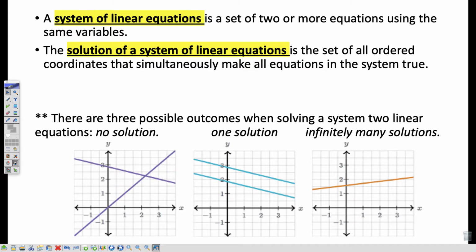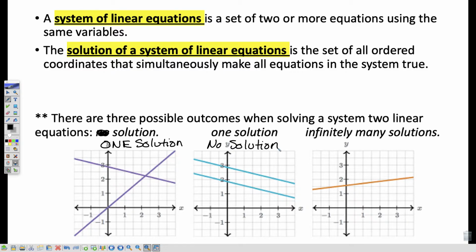So with 2, it was pretty easy. You can get 3 and 4 and even more. Okay, so there are 3 possible outcomes when we solve a system of linear equations.